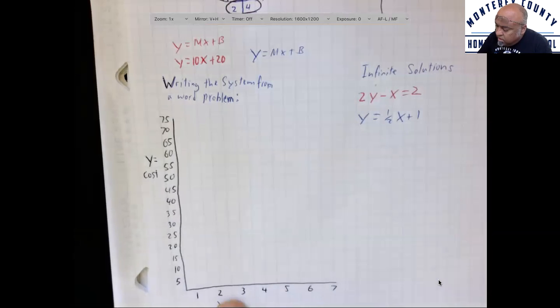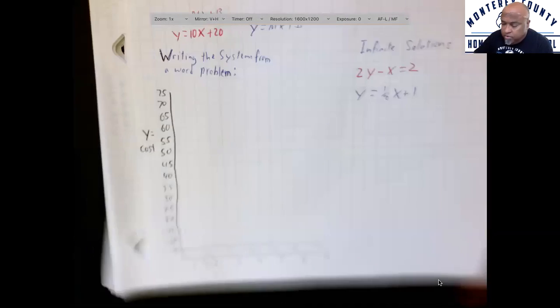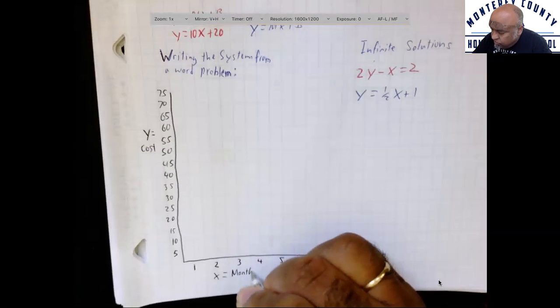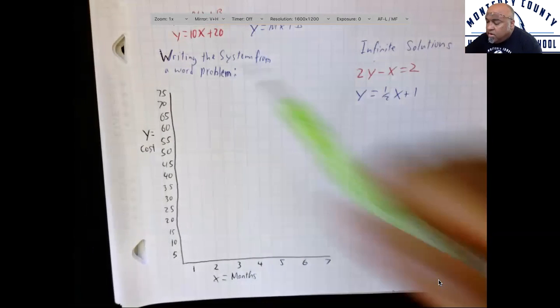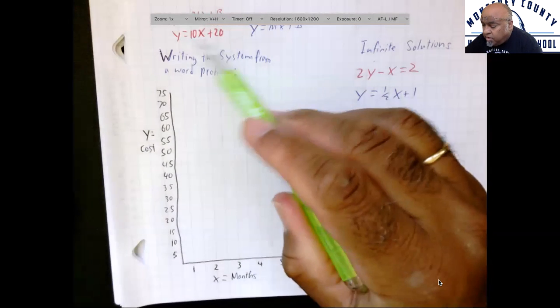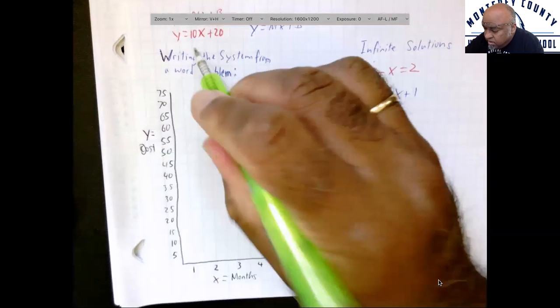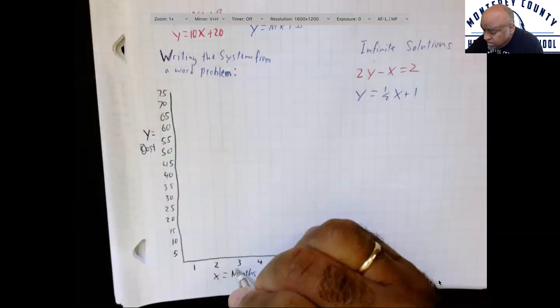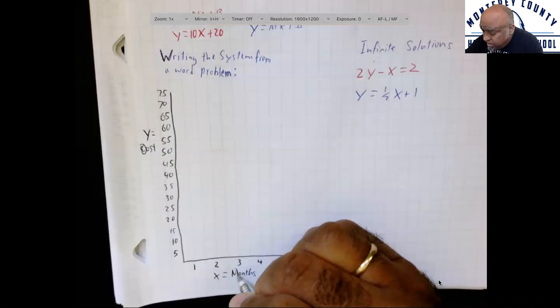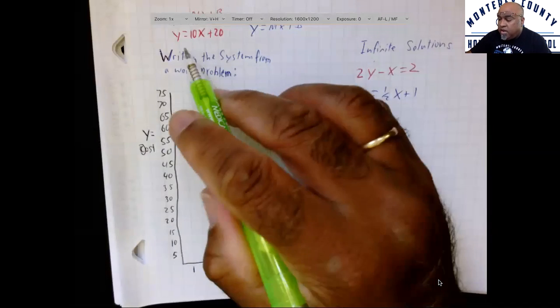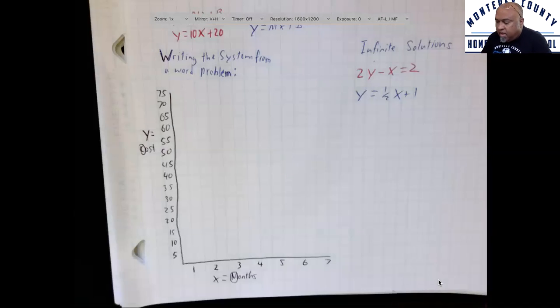And then I put these numbers down at the bottom here. x represents the months. Okay, so instead of y equals 10x plus 20, you can say C for cost is equal to 10m plus 20 for months. But I'm going to keep it as x and y just so we don't complicate things.